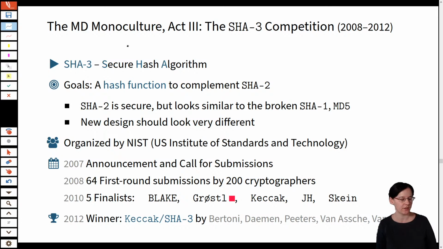And of those, 5 were after a while chosen as finalists. One of them co-designed by some former colleagues from TU Graz here. And in the end, the winning design was Keccak, now SHA-3, that you probably already know, which shared a designer with the AES scheme, and he designed this together with his colleagues.